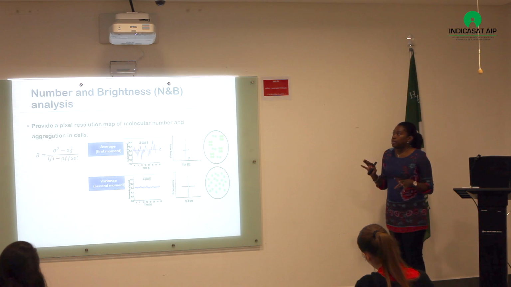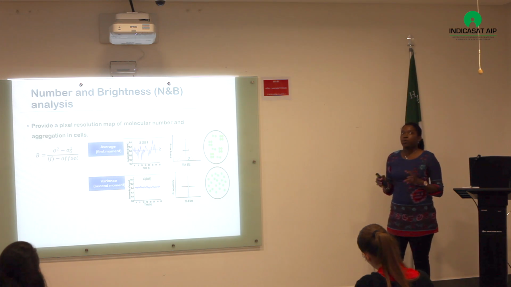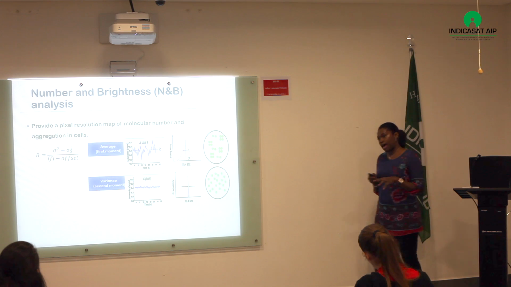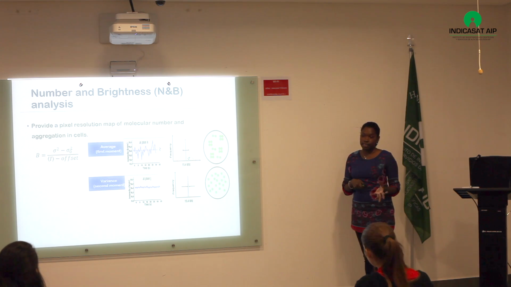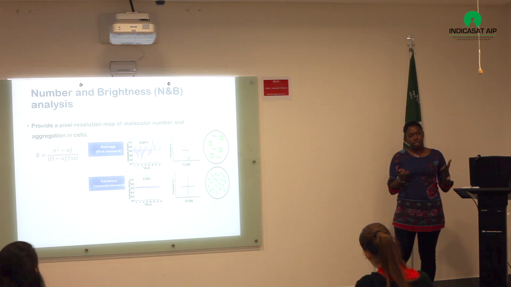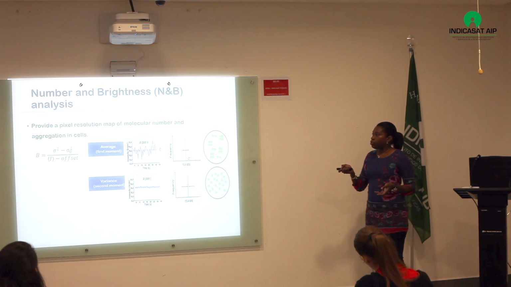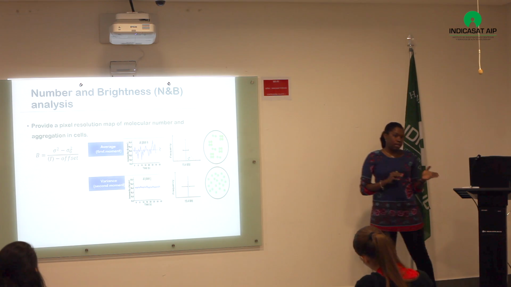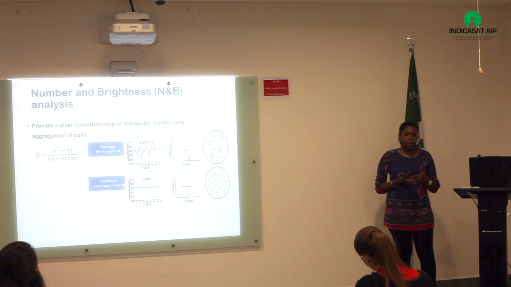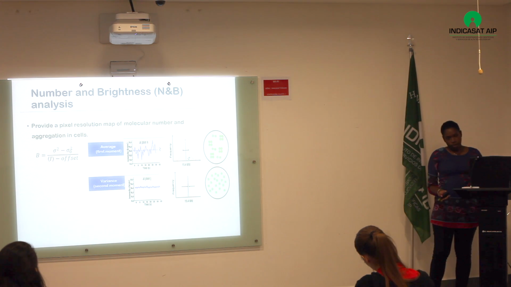Even if the particles are forming aggregates, they will have the same intensity, but the variance will change. Looking at that variance and using the equation of the brightness, we are able to detect how many aggregates I have in my cells.